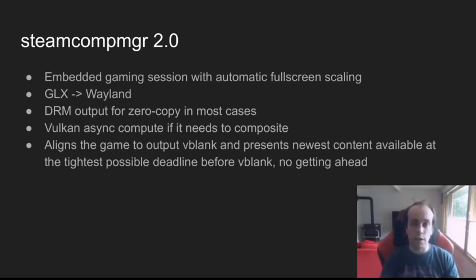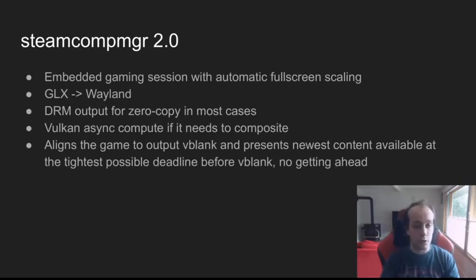But we more directly assume the role of what would be the responsibility of the DDX back then, and we get to decide what we do with the incoming app buffers, and either short circuit any sort of graphics and go directly to DRM display output, or if we need to composite something, the new code uses Vulkan only, so that by using Vulkan Compute, we're able to schedule any work needed on the async compute ring of the hardware if the hardware does support that, which is pretty useful in some situations.